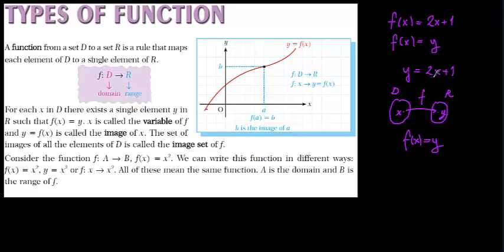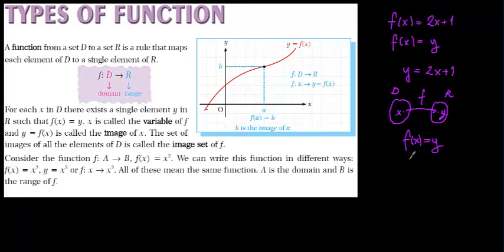This relation is 2 times the domain element x, plus 1. The relation between x and y is that one, 2x plus 1.